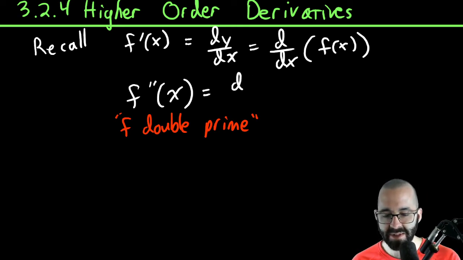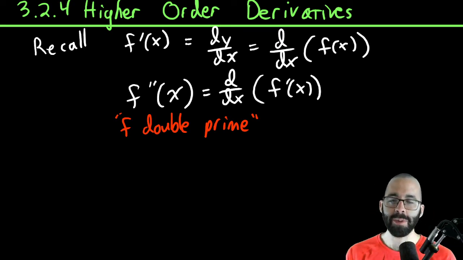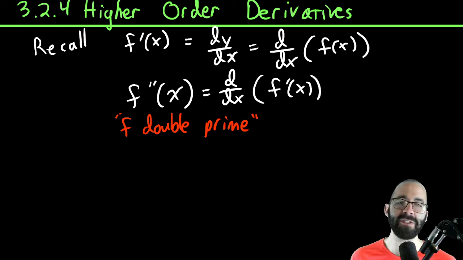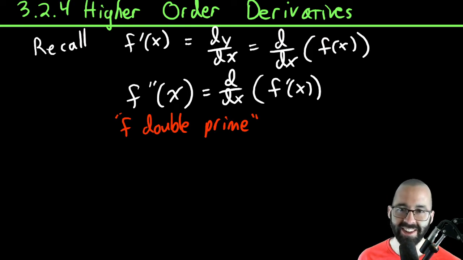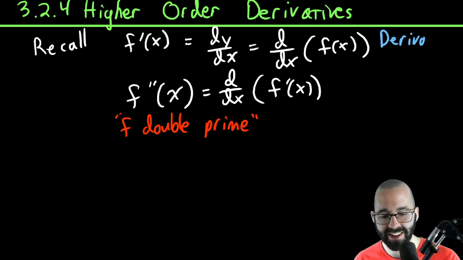Oftentimes, we write it in a couple of different ways, but this is just the derivative of the derivative. And in fact, there's f triple prime as well, the derivative of the derivative of the derivative, or the derivative of the second derivative.